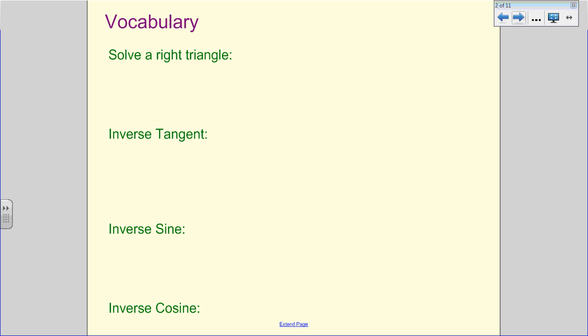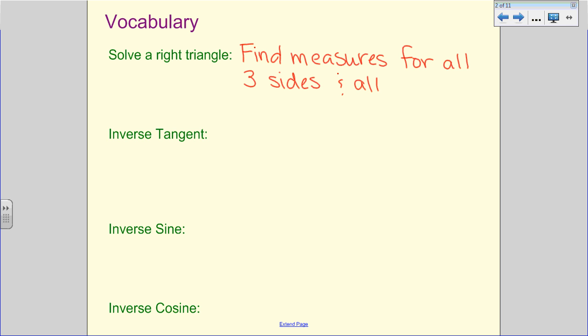Solving a right triangle means to find measures for all three sides and all three angles. Now you'll obviously always have one angle because it's a right triangle, so you'll be finding the two acute angles and the three sides.